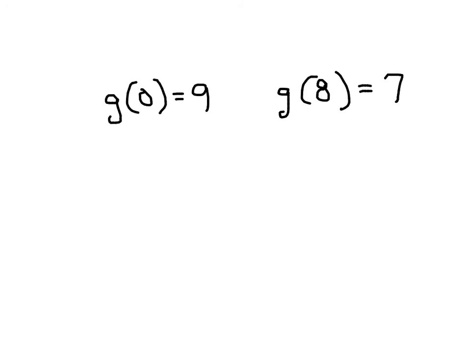Put them in ordered pairs. Miss Alyssa, how do I do that? Put 0 and 9 together. Okay. And put 8 and 7 together. Is everybody okay with that? Good. That was awesome.